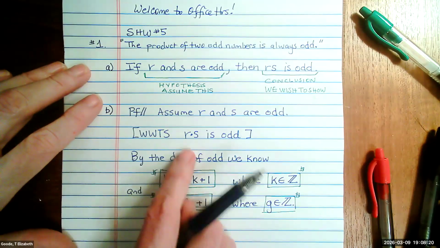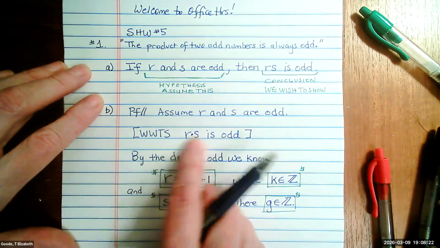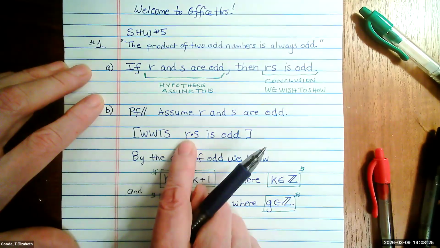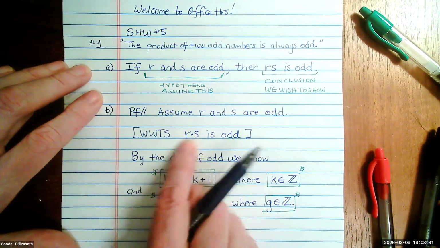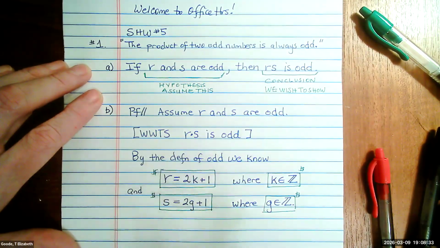Shall we look at our wish one more time and clarify what we will have to do before we can say, oh, R times S must be odd? What will we have to show about R times S? Substitute and do the algebra.